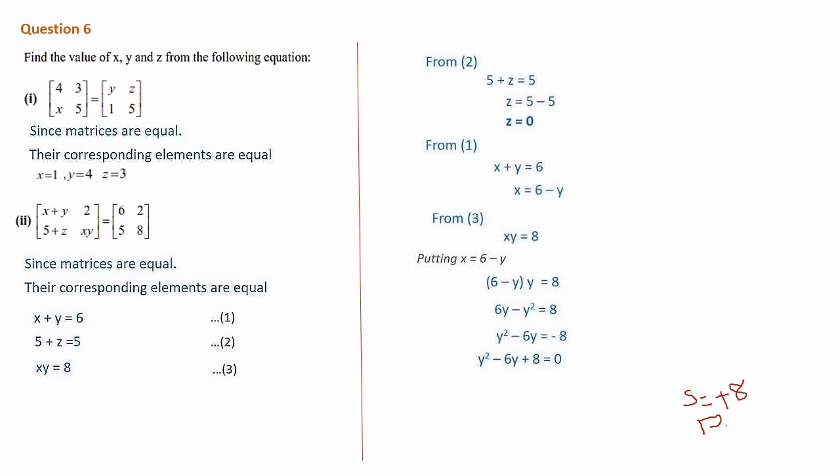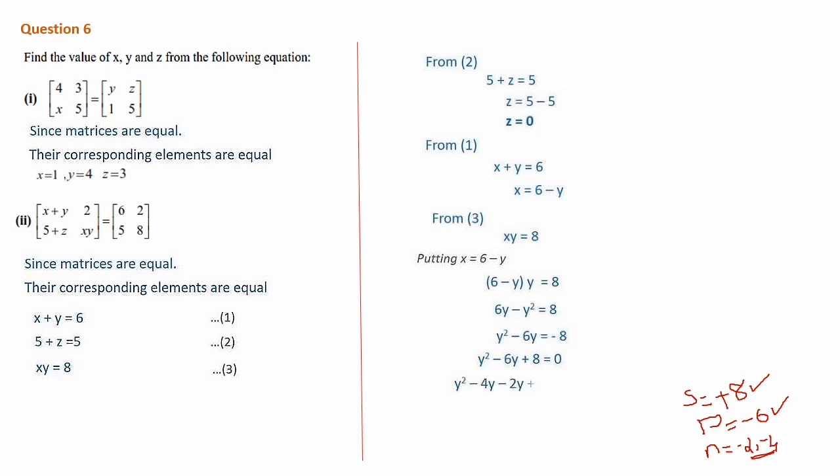So when you take the numbers, it is quite clear the numbers are minus 2 and minus 4. Minus 2 and minus 4, when you take the sum, we will be getting minus 6, and the product, minus 2 into minus 4, is plus 8. So the numbers are minus 2 and minus 4.